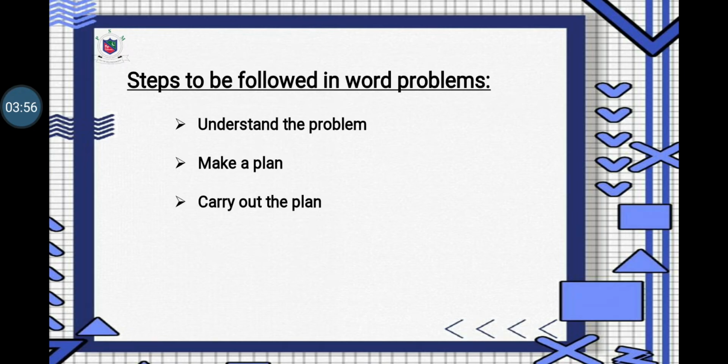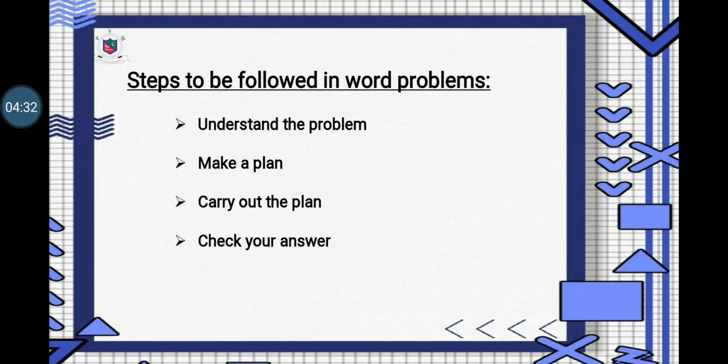Dear students, as the question is given in some language, description is very important for a word problem, because we need to write the information that is given in the question and the information that is required. So we need to write the description and make a proper working column while we are solving the word problem.